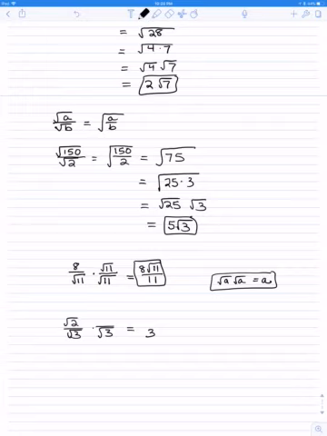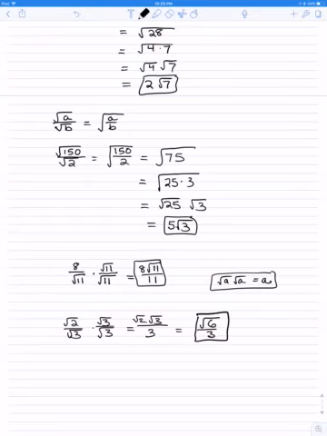Whatever I do to the denominator, I have to do to the numerator. So square root of 2 times the square root of 3 is the square root of 6 over 3. We can't simplify it because we can't break that square root of 6 down, and he's like in lockdown. So it can't be reduced, it can't be simplified. That's our answer.